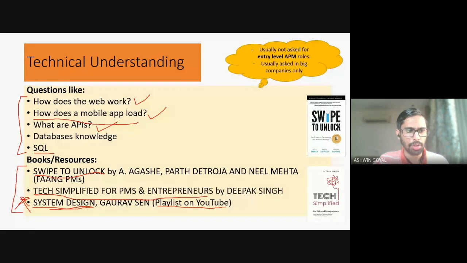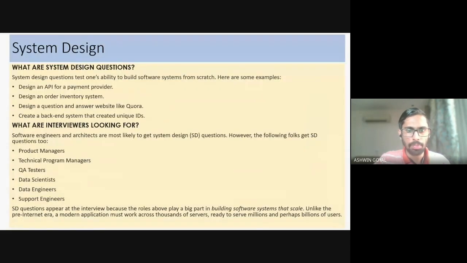Just learn SQL, have a basic idea of all these 3 or 4 questions, and a basic idea of databases. I think that should do. I have not read any of these books, and I have not suffered from not reading any of these. I have not gone through system design because that was not asked in any of my seniors' interviews also, and I didn't feel the need of doing so. Got it. Thank you.